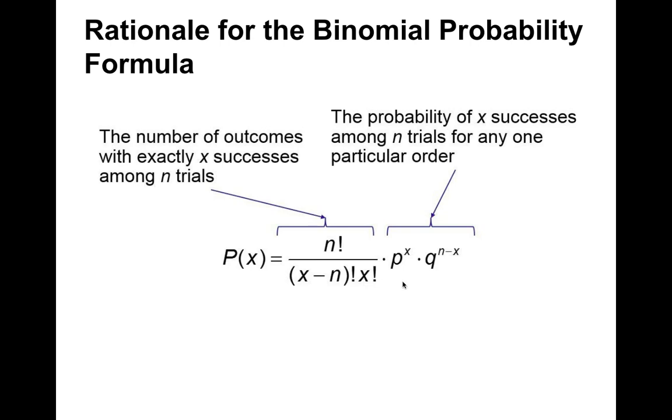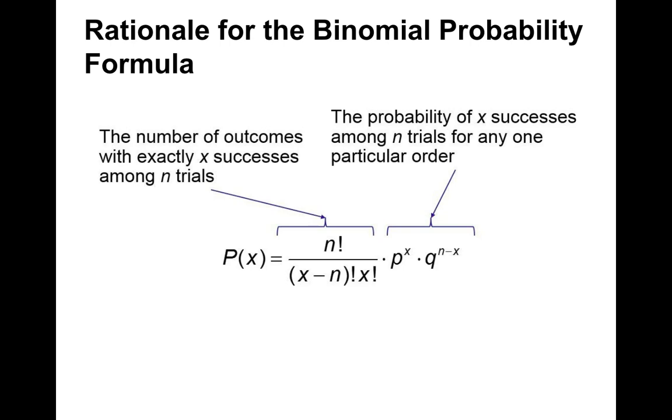The next thing tells me the probability of success, so that's our little p, and that's raised to the xth power. So this is just using the multiplication rule. Let's say we have success, success, success, failure, failure. To find the probability of that, that's simply the multiplication rule. Since they're all independent, we just multiply their probabilities.